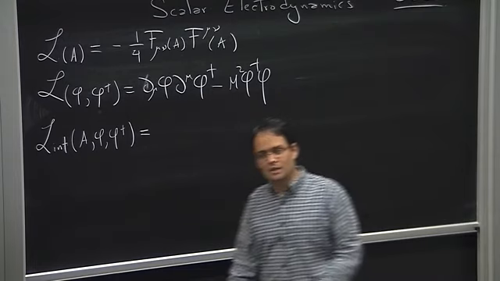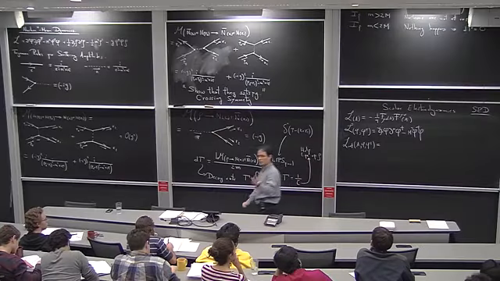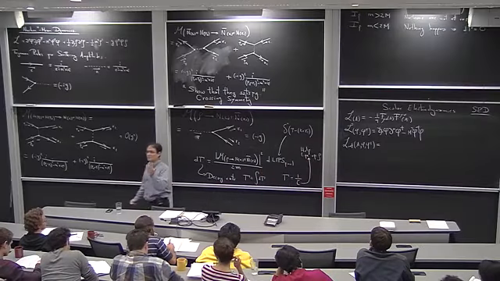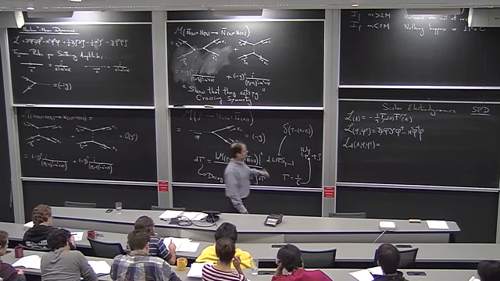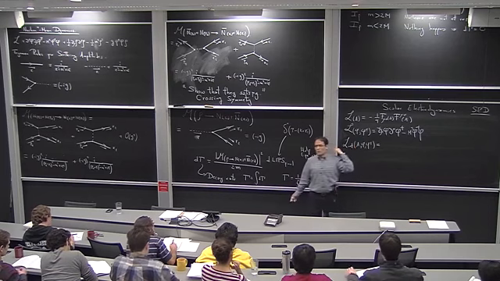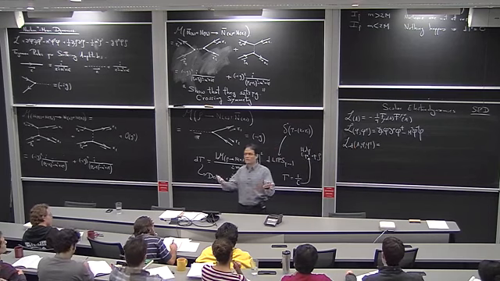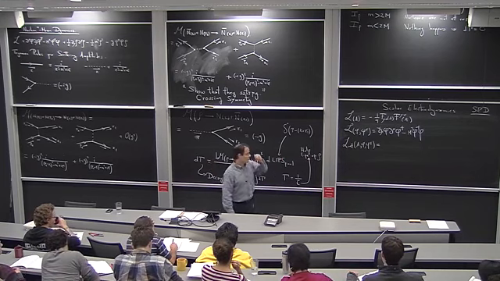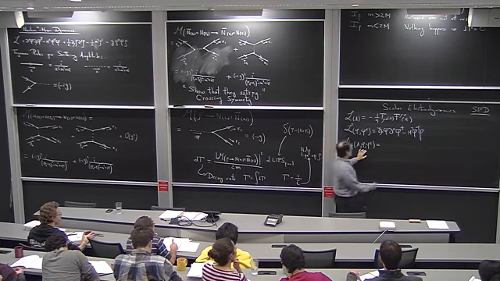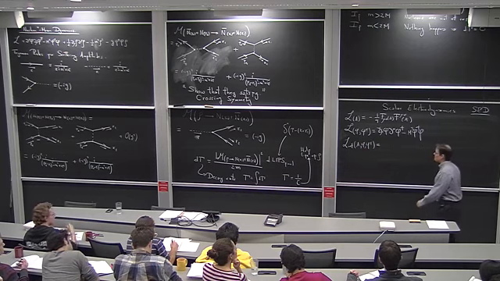Well, let's try to build interactions by putting together objects that make, first of all, Lorentz invariants. Okay? We need the scalars there. And second, our Lagrangians must be real, right? So they better be Hermitian as operators in the end. Okay? So, well, what's one possibility?